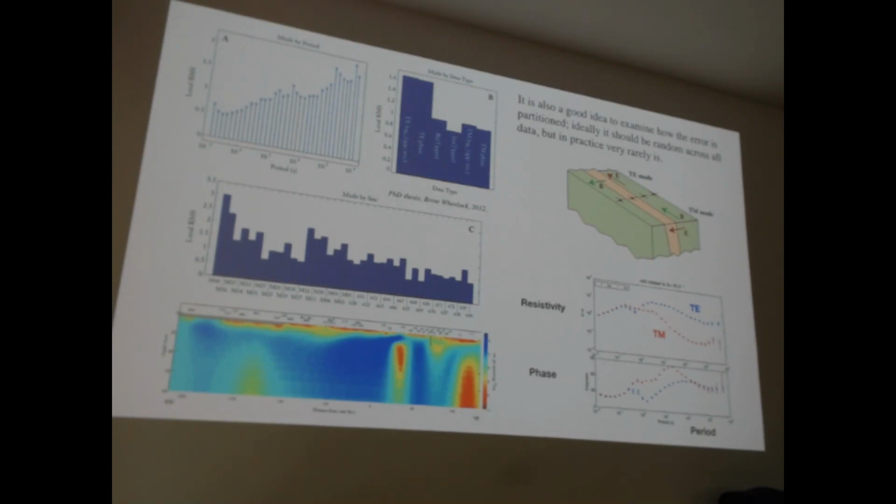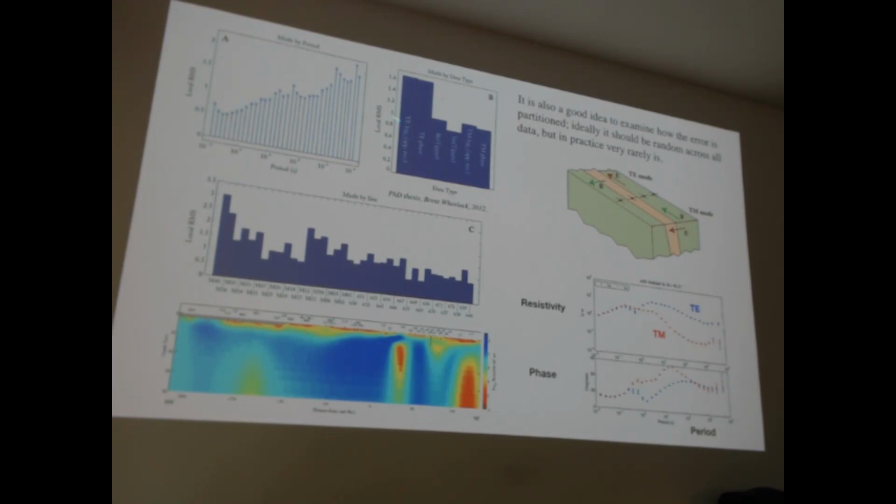It's also good to look at how your misfit is distributed across the data set. So here's a 2D inversion, and if you remember there were TE and TM modes. I pointed out that the TE mode is assuming there's no conductivity variation along strike, and the TM mode expects conductivity variations, but you can put that into the model.